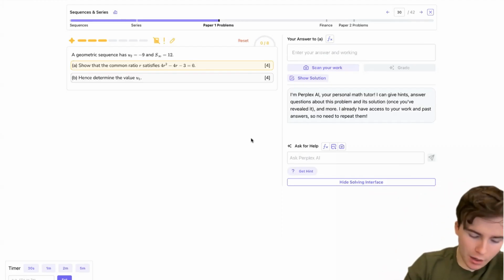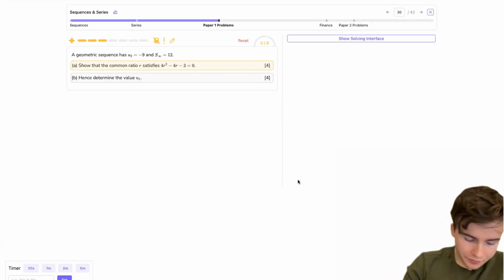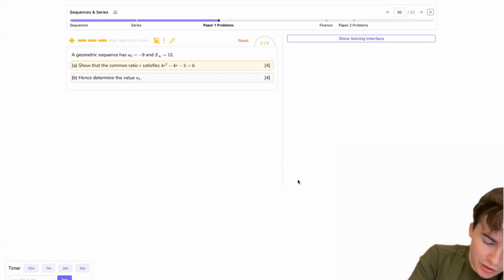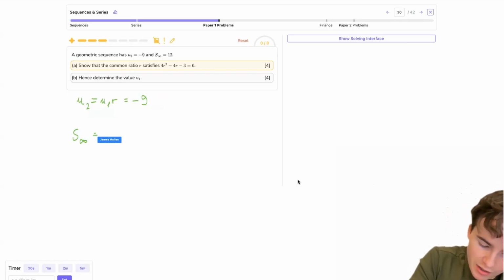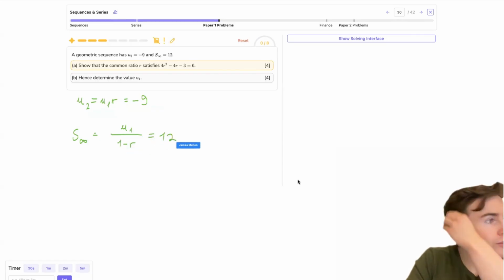Okay, so let's start by writing out the things that I know. I'm going to make a bit of room. I know that U2, which is U1 r, is equal to minus 9. I also know that S infinity, which is U1 over 1 minus r, is equal to 12.